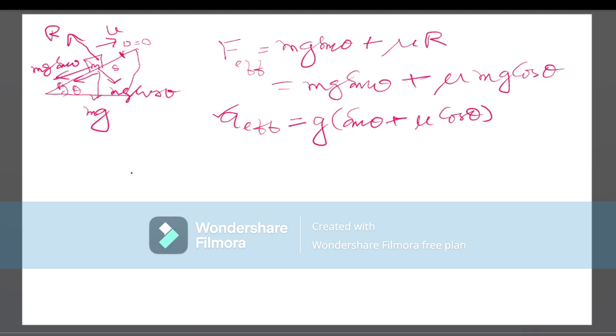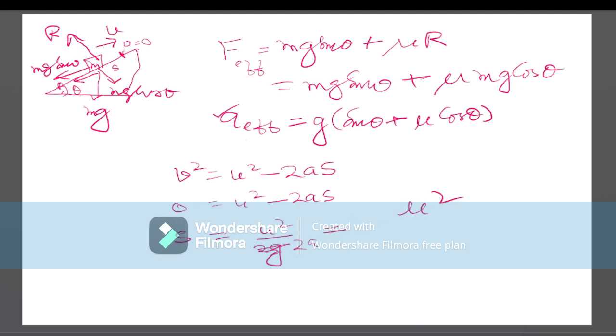So we can use the formula v squared equals u squared minus 2as. Here v will be 0, so 0 equals u squared minus 2as, where s is the distance. So s equals u squared by 2a. Sorry, not 2g, 2a. So this is very simple.